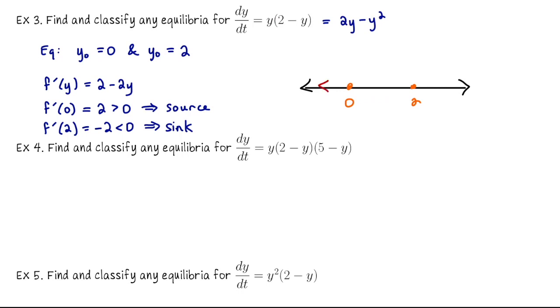If I'm at, say, 1, then we have positive, positive, so that's positive. And if I'm at 1,000,000, we have positive, negative, so that is negative, and that does agree with what we said. So 0 is an unstable equilibrium, it's a source, and 2 is a stable equilibrium, it's a sink.